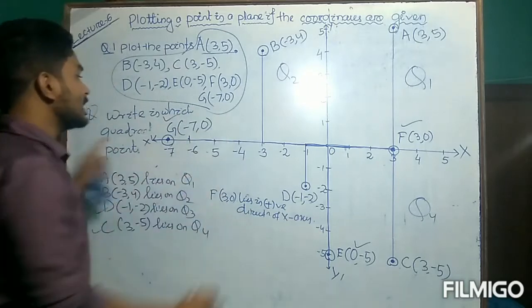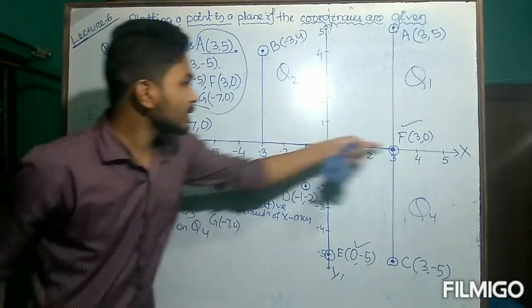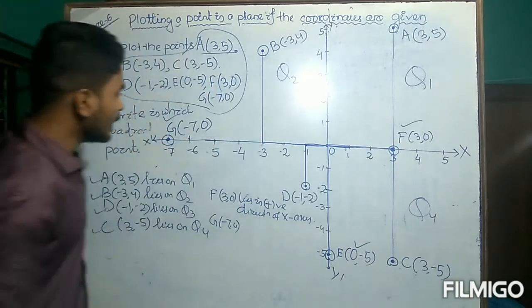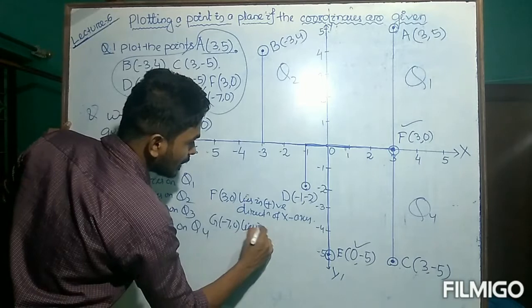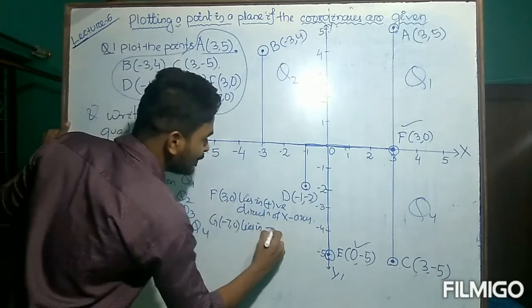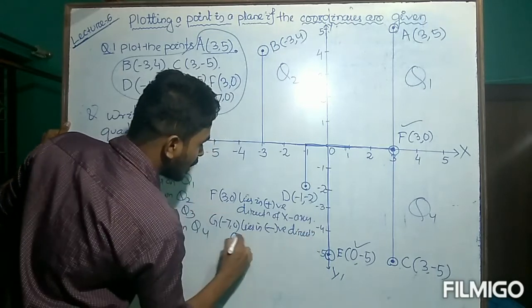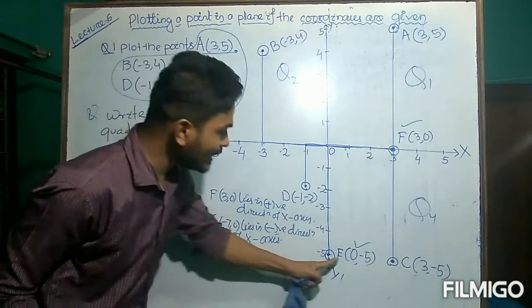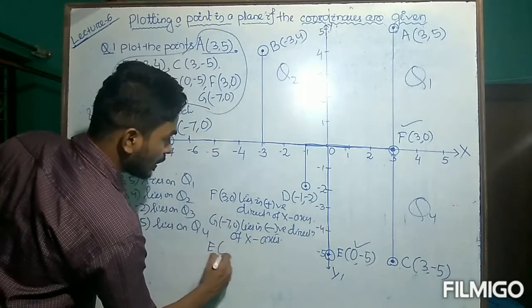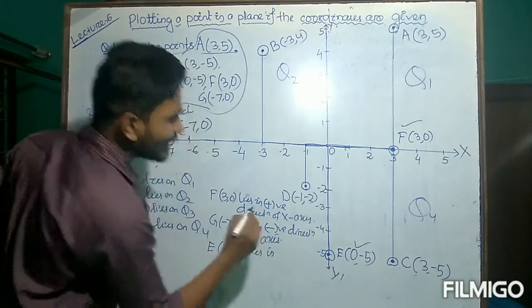Similarly, now the point G (-7, 0). G (-7, 0) lies on which axis? The x-axis. Okay. It doesn't lie in any quadrant. Lies in which direction? Negative. So the negative direction of the x-axis. And the point E lies on which axis?